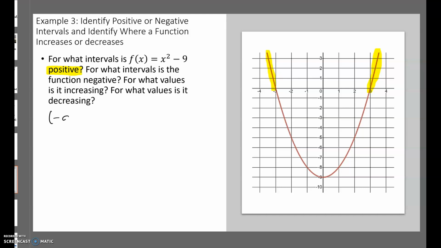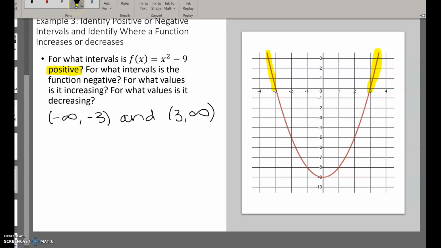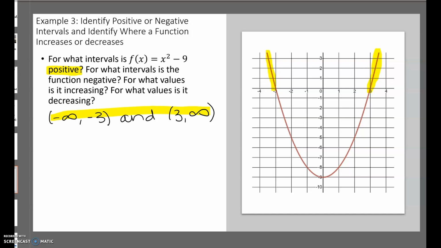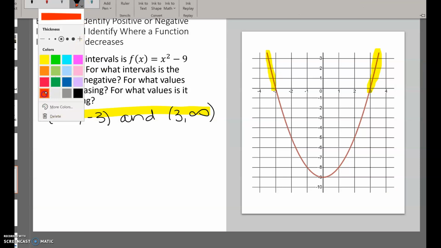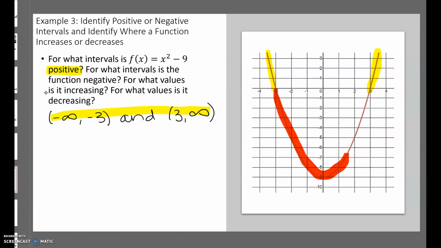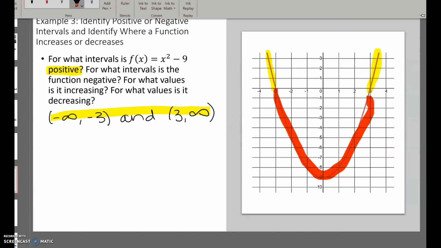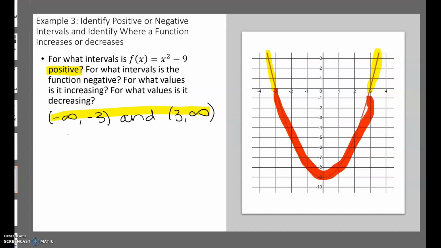From negative infinity to negative 3, and from 3 to positive infinity. And then where are they negative? It would be right here, and that would be from negative 3 to 3. Okay.